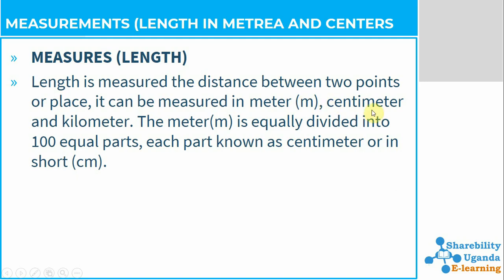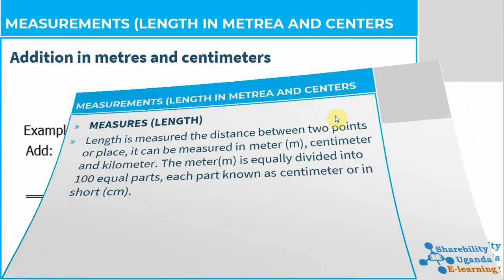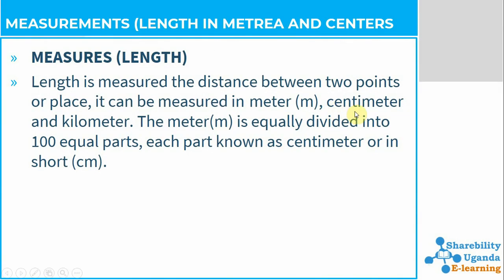We can also use what we call centimeters. Like some of you who have rulers, some of you have sets. In those rulers, you can see they are measured in centimeters.